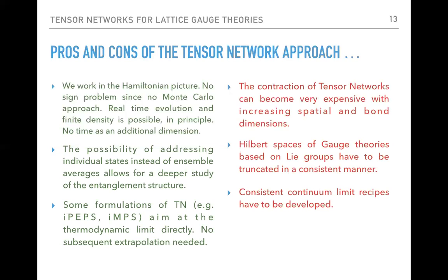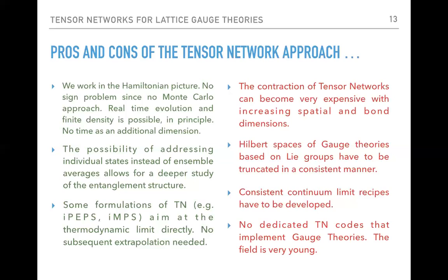And also the question of the continuum limit is a very interesting one, and there is no general recipe to take continuum limits of tensor network calculations. There are a lot of people working on that and trying to figure out ways, but the field is not as mature as the Lattice QCD field, say, where there is almost always a well-defined recipe of how to take the continuum limit of a given quantity that you are calculating.